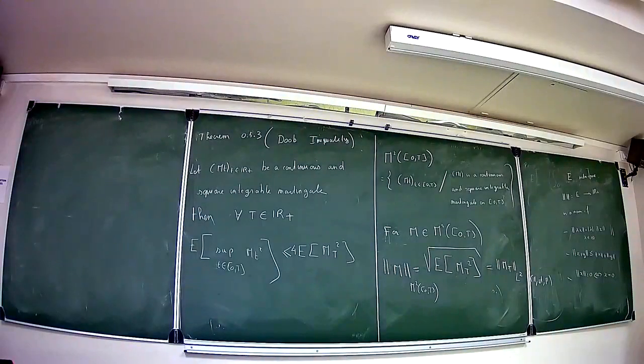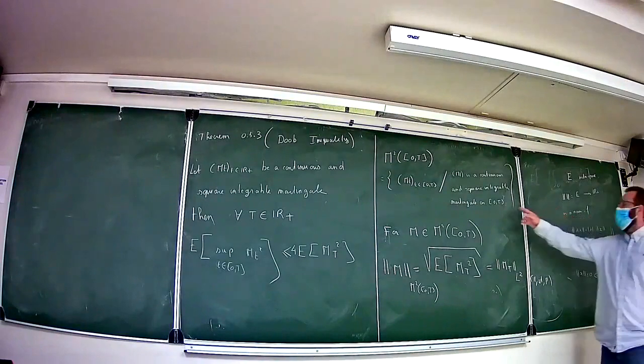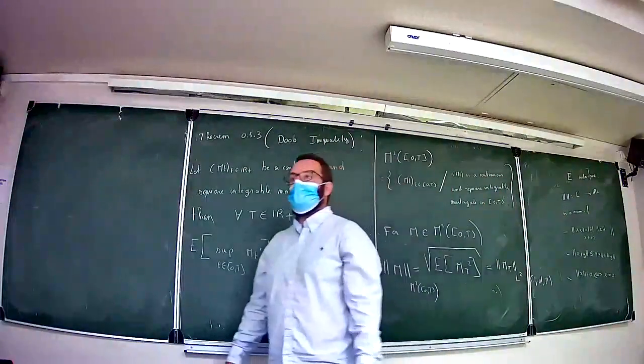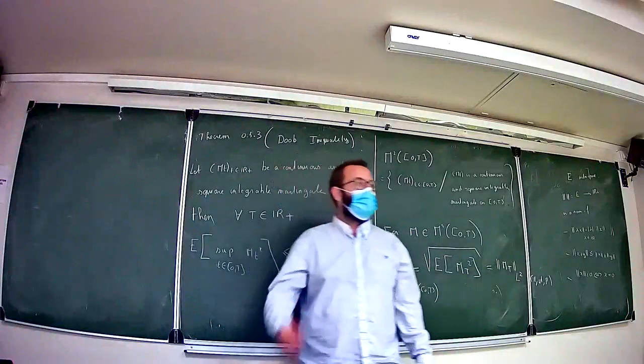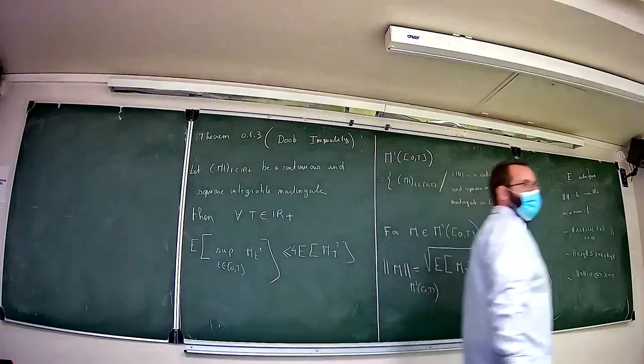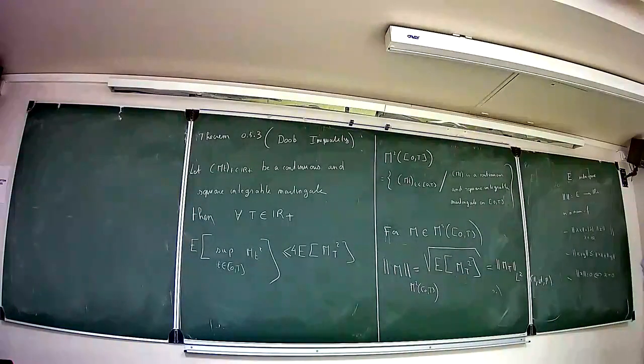I am 0. What does it mean to be 0 for an element of this set? In fact, to be 0 means to be indistinguishable from 0. That is, the probability of the intersection over t belonging to 0 capital T such that M_t is equal to 0 should be equal to 1.